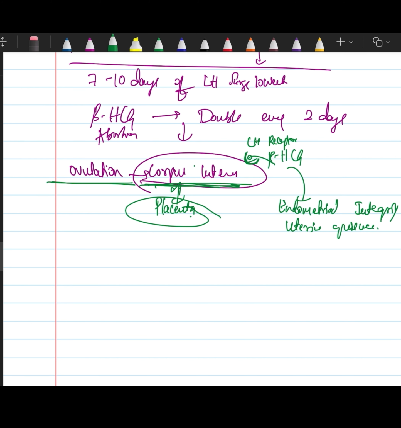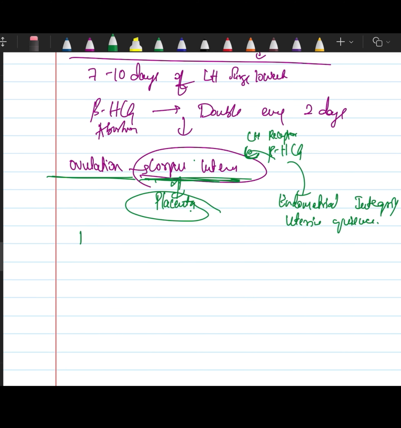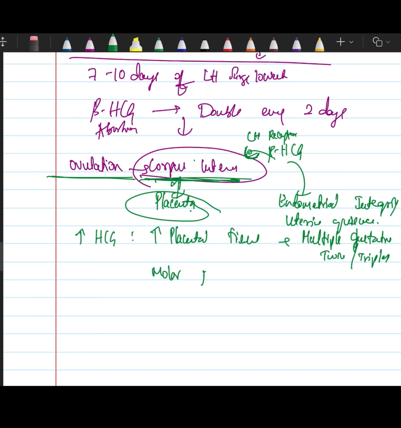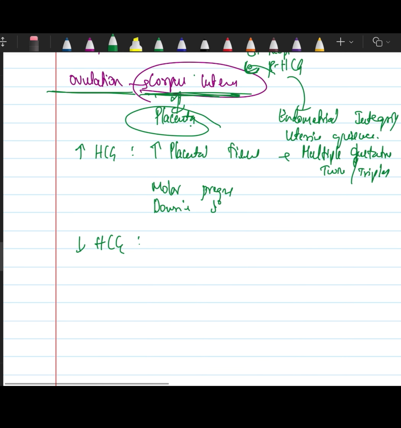Okay, now we'll see when the HCG can increase. Whenever there is increased placental tissue, it will be high in multifetal gestation, like your twins or triplets, or can be in molar pregnancy, also in babies with Down's syndrome. Decreased beta HCG levels can be seen in ectopic pregnancy or whenever there is a placental abnormality.